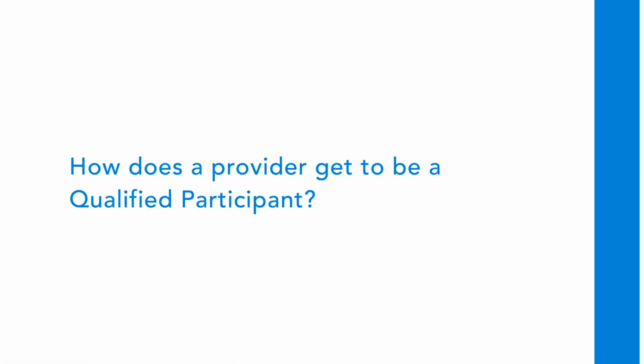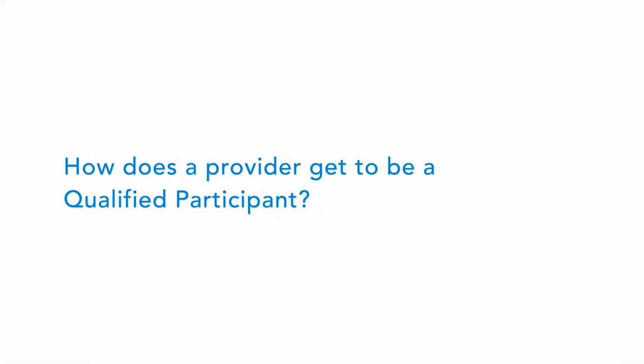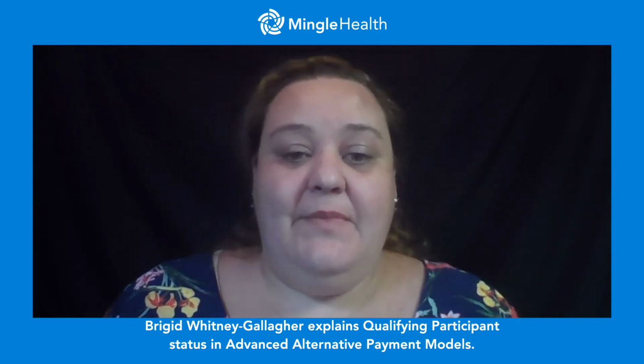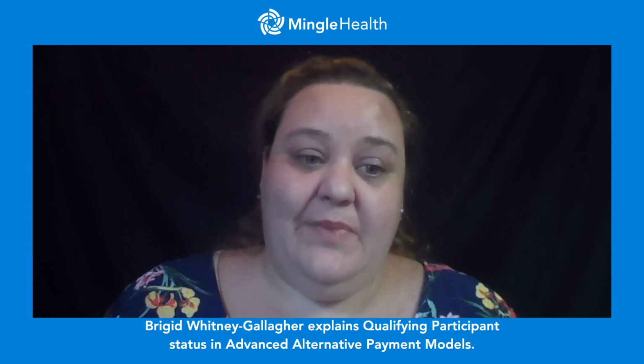Now, how does a provider get to be a QP? A provider becomes a QP based on attributed patients. CMS makes a calculation by looking back in time, and they compare the total number of Medicare patients that a provider saw against the number of Medicare patients that were attributed to the ACO. That becomes a percentage.